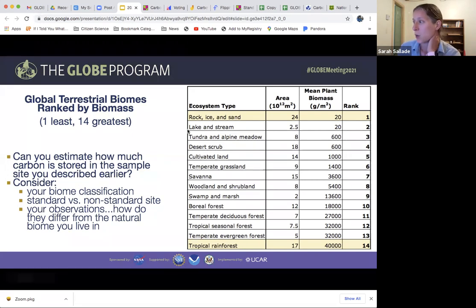You'll want to consider what biome you're in here. You want to consider whether the site is a standard or non-standard site. So does it actually represent the biome that you live in or not? And then what are your actual observations of the site, and how do they differ from that natural biome?